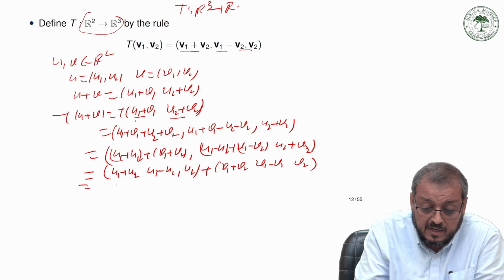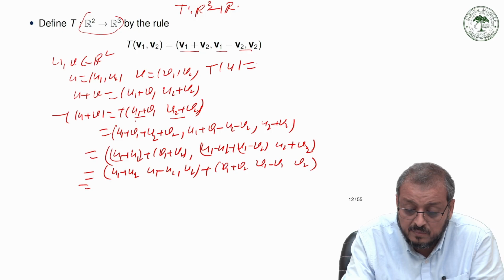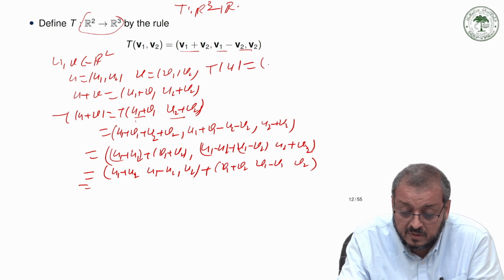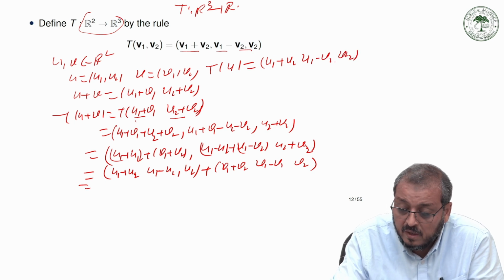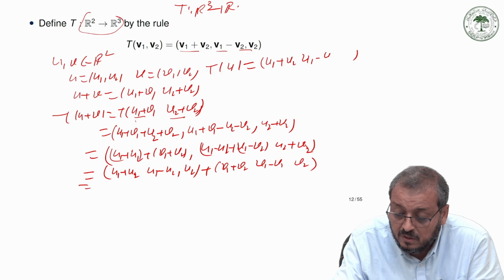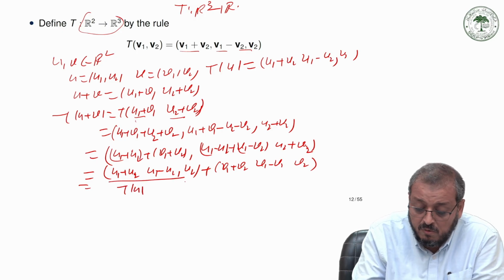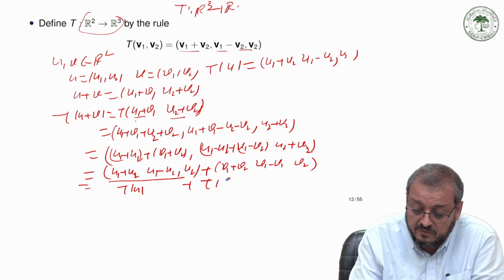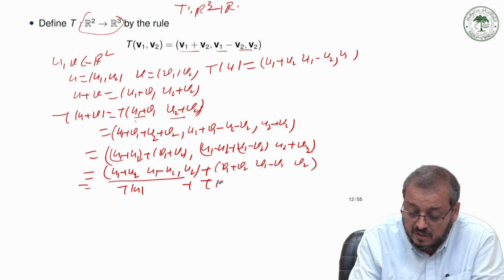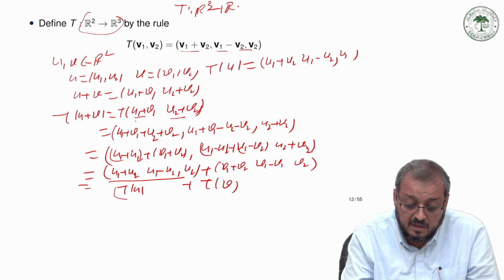By the definition, T of u is (u1 plus u2, u1 minus u2, u2), and this is equal to T of u plus T of v. So this map preserves addition.